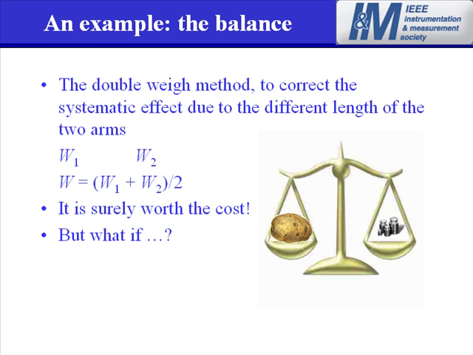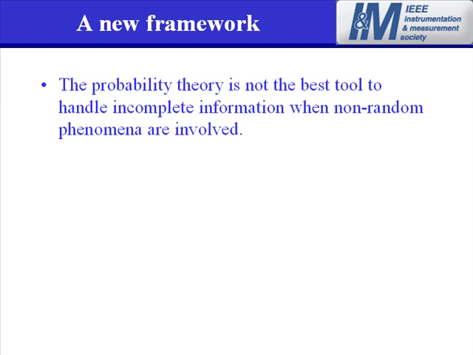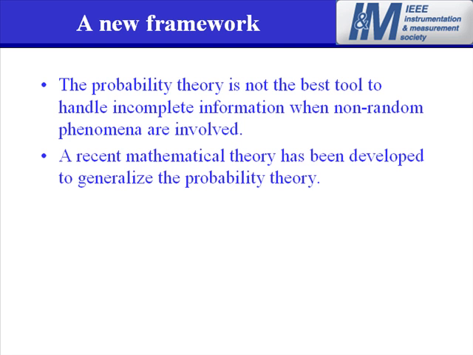And if we do not evaluate uncertainty under these conditions, we cannot assess this, and we don't know what is more convenient to do. So there is no doubt that the probability theory is a very efficient tool to handle incomplete information whenever random phenomena are involved. But the true question is whether there is a better tool to handle incomplete information when also non-random phenomena are involved. Right now, there is not yet a definite, totally agreed upon answer.